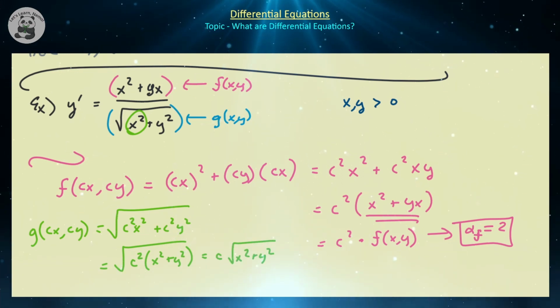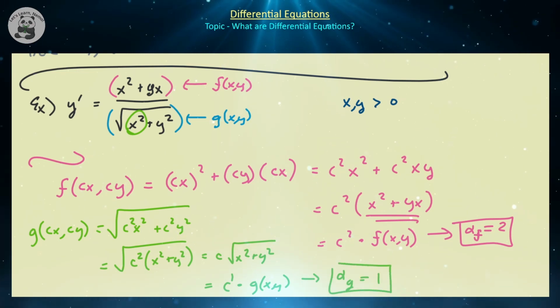That square root is the original function, so we just have c times g of x y. So g is also a homogeneous function, and in particular the degree of homogeneity for g, alpha subscript g, is going to be equal to 1.